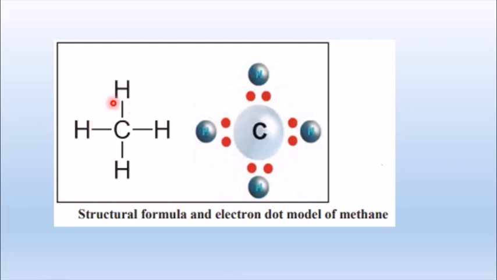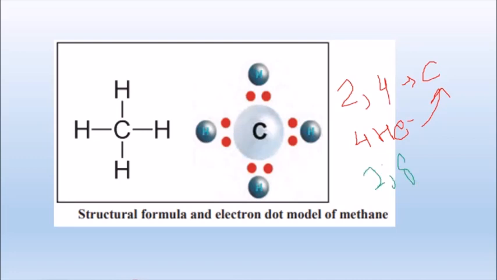Because hydrogen has only one electron. Earlier it was 2,4 for carbon. Now we have 4 hydrogen electrons which get attached to the carbon. So what will be the electronic configuration that will be formed?